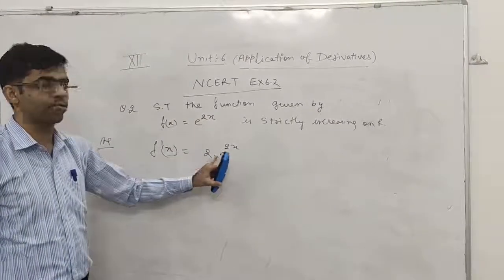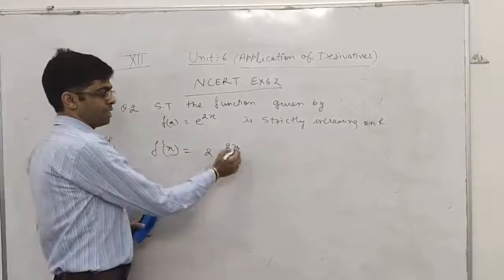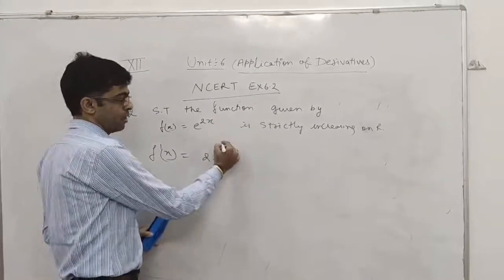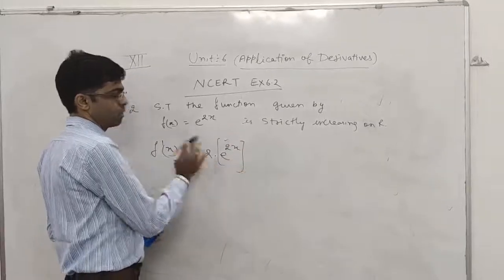This is the differentiation of the exponential function, using the chain rule. The exponential function is always positive, and 2 is positive.